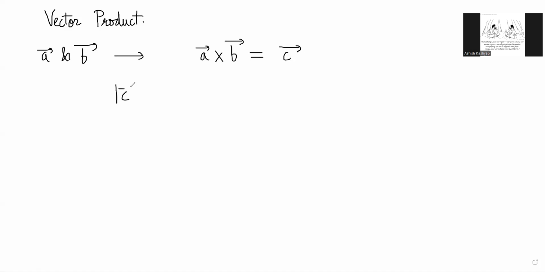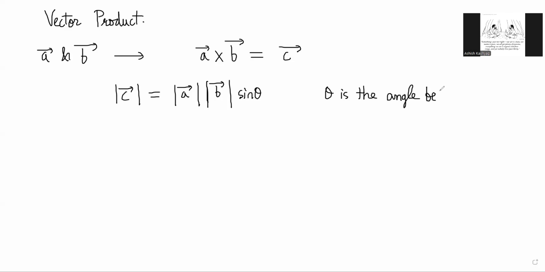The magnitude of the resultant cross product will be equal to mod of A mod of B sine theta, where theta is the angle between A vector and B vector.